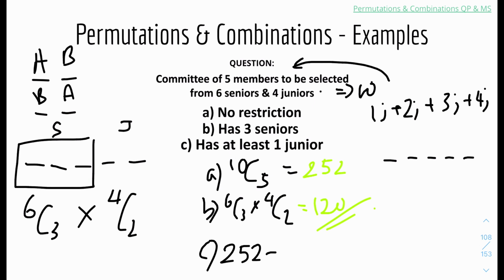When there's no junior, there will just be 6 seniors, so 6C5. So 252 minus 6C5, and 6C5 is basically 6. So 252 minus 6 will give us 246. And that's the final answer.